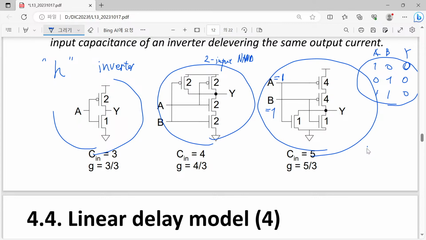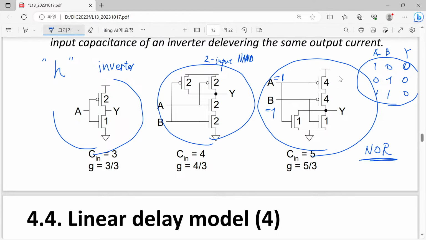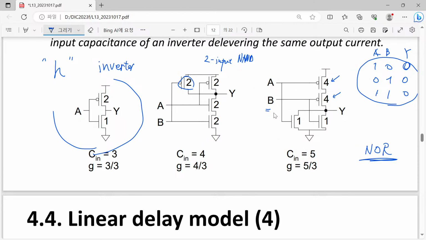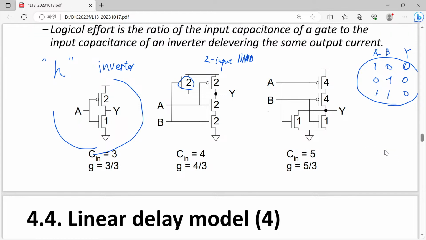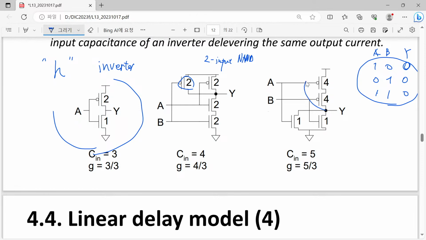What is it? This is nothing but our NOR. But when you have a look at this NOR, sizing seems to be a little bit different. Previously we had 2, 2, 2, 2, which seems more balanced, but now we have quite wide implementation for our PMOSFET. Please have a look at this PMOSFET.